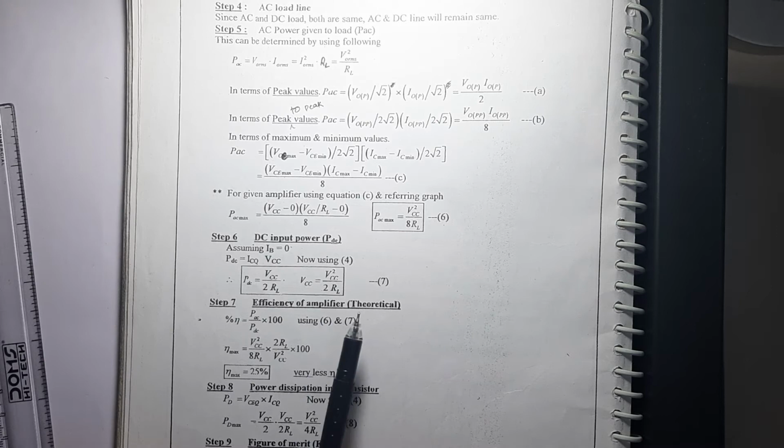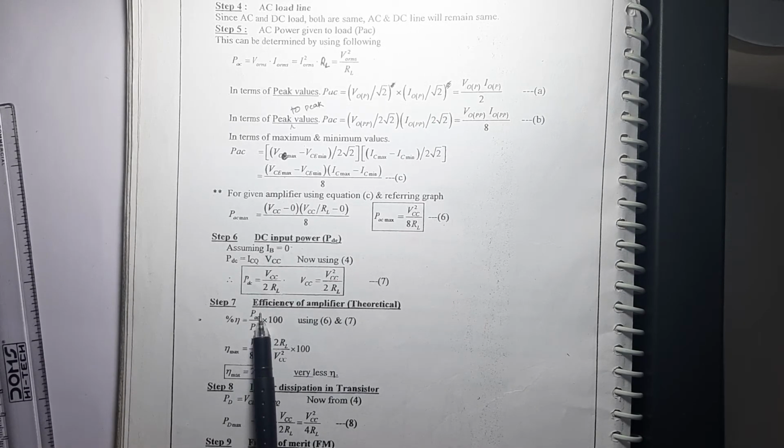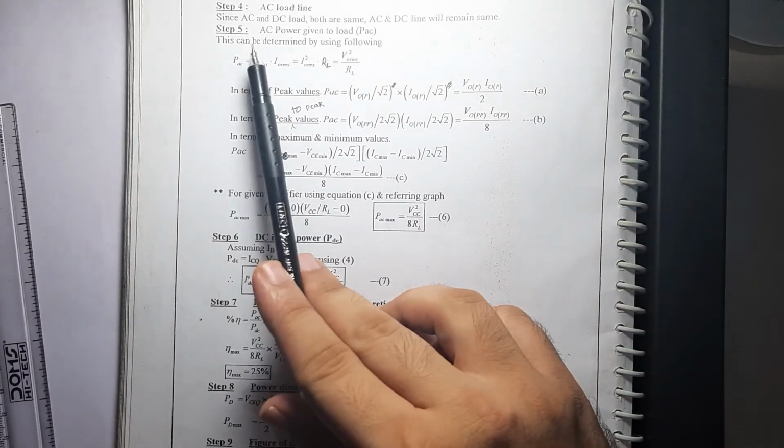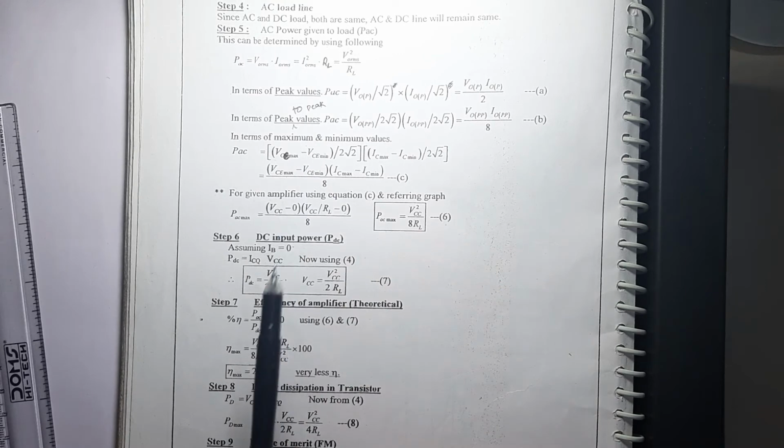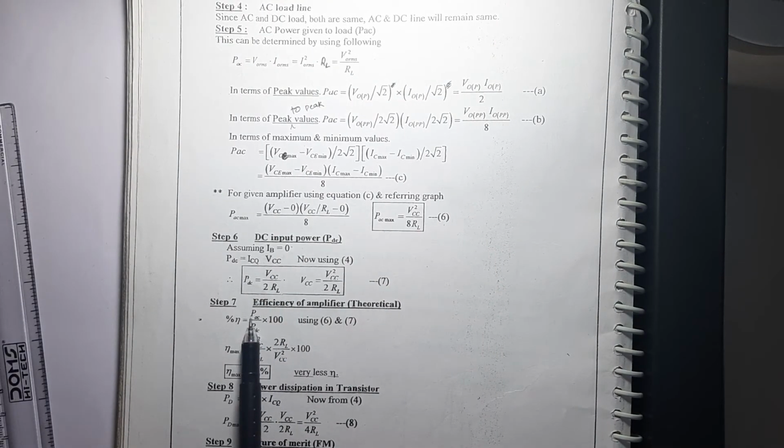Step 7, efficiency of the amplifier, theoretical value. Efficiency is given by AC output upon DC input. The AC power given to the load, which is the output of the amplifier, is taken on the above, that is nothing but PAC upon PDC into 100.